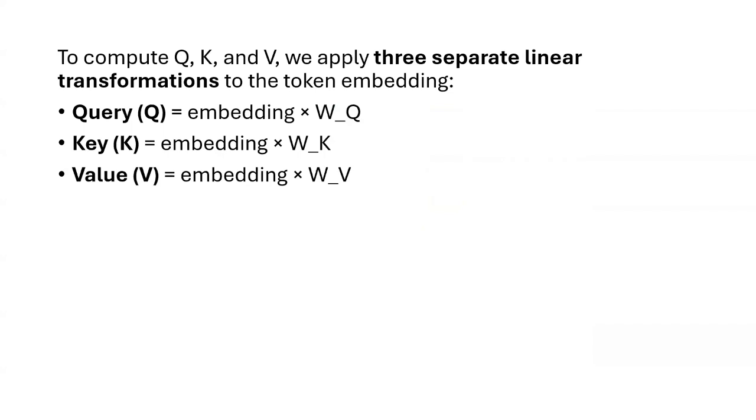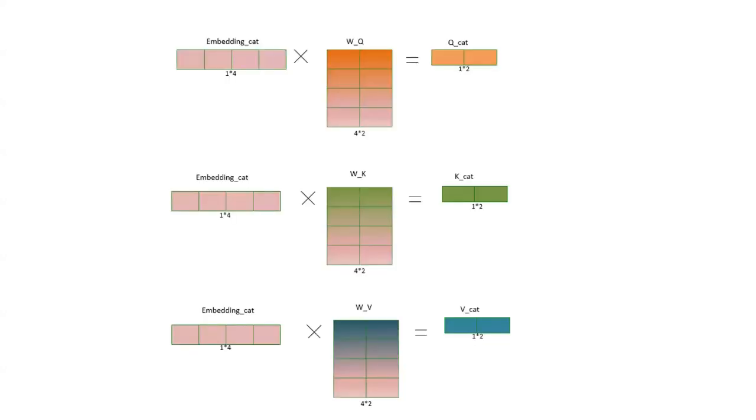So to compute Q, K, and V, we apply three separate linear transformations to the token embedding. What do you mean by three separate linear transformations? Actually, suppose we have some embedding value of cat. What happens? It is multiplied with three weight matrices, and then it gives some values.